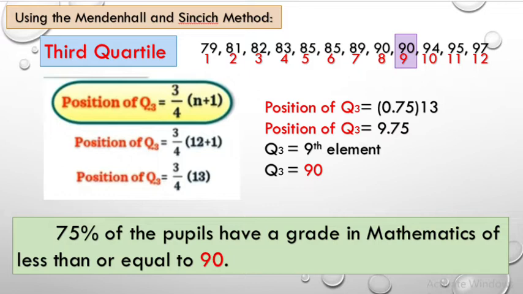Di po ba? Nakikita natin. Kaya, our third quartile is 90 or 75% of the students have a grade in mathematics of less than or equal to 90. And that's all for our first method of solving quartiles, the Mendenhall and Sinichich method.